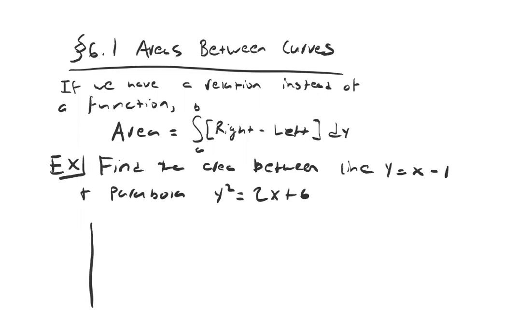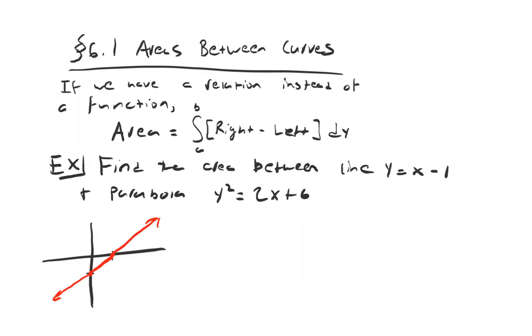So let me draw this so we have some idea what I'm talking about. I'm going to do two different colors. So x minus 1 is going to look like this. I could have drawn it better, but I'm not going to try and perfect it.